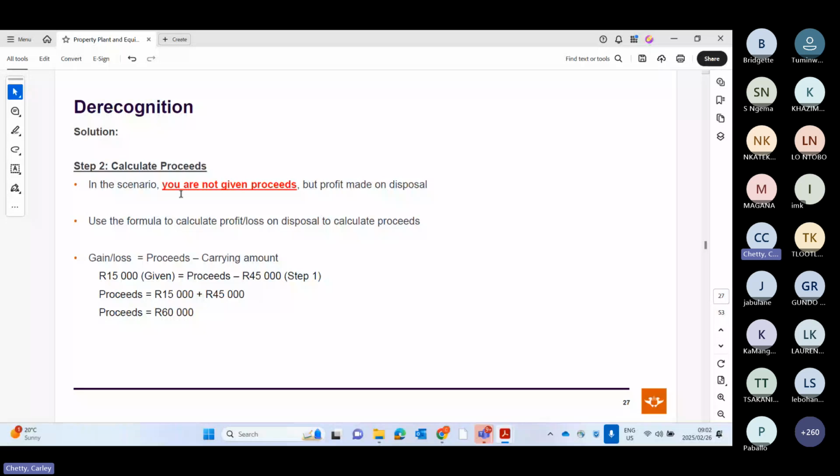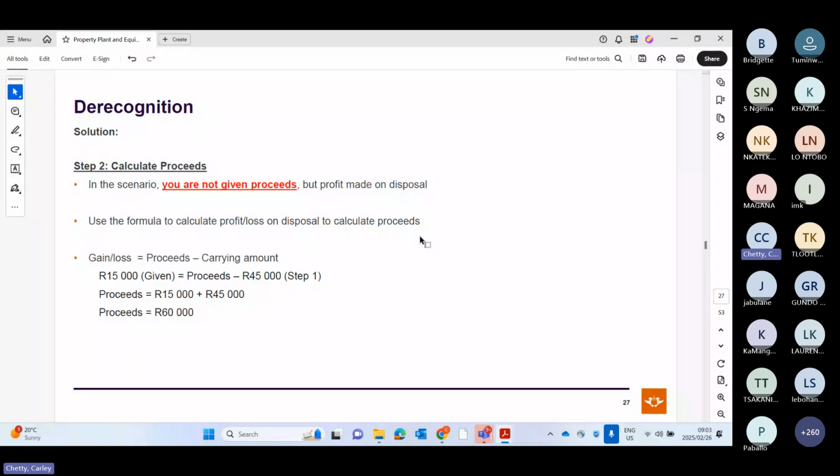So in this scenario, we're not given the proceeds, but we are given the profit made on disposal, which is 15,000 Rand. So we're going to use the formula to calculate the proceeds. So our formula here is going to be gain equals proceeds minus carrying amount. So we know what the gain is.